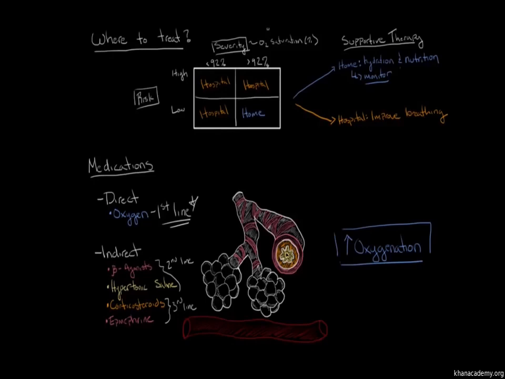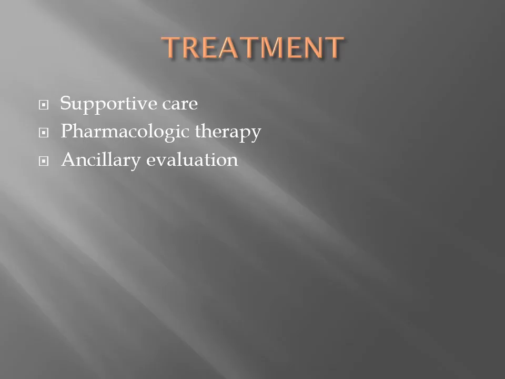All the medication is directed to improve the oxygenation of the patient. This may be direct, by giving oxygen, or indirect, by medication in the form of beta-2 agonist, hypertonic saline, corticosteroid, and epinephrine. All these are intended to increase oxygenation. So the treatment can be titled as supportive care, pharmacological therapy, and ancillary evaluation.